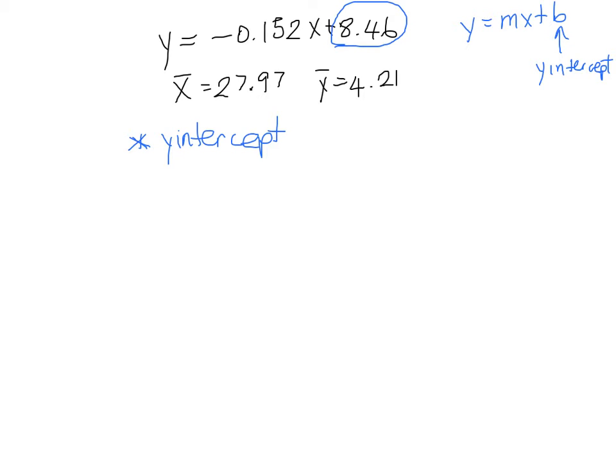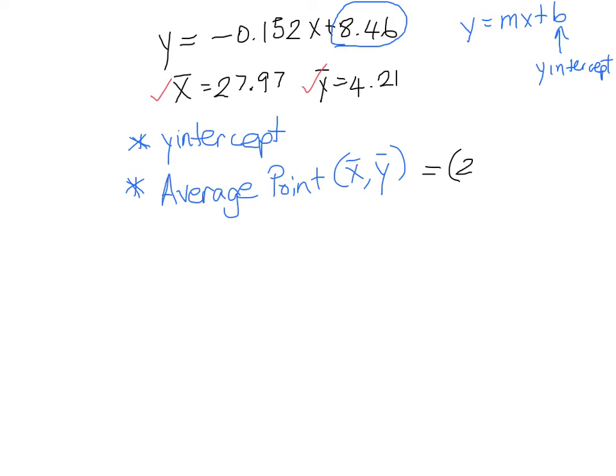The line also must go through the average point. We were given the average of x as well as the average of y, so it must go through both, which we call the average point, x bar comma y bar, which in this case is 27.97 comma 4.21.